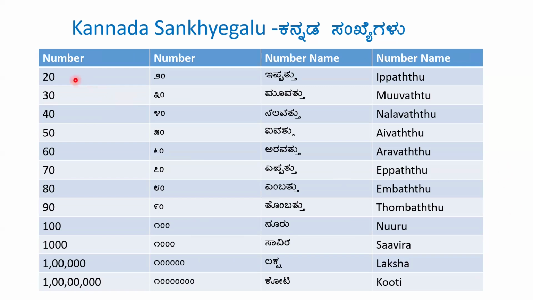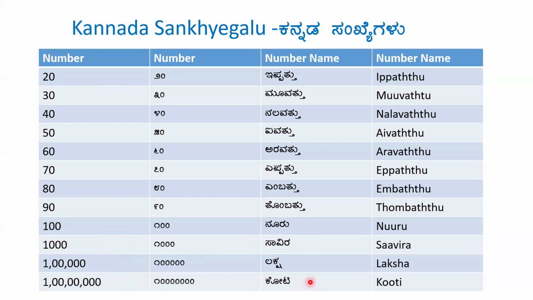For example, 20 is ಇಪ್ಪತ್ತು. 30 is ಮೂವತ್ತು. 40 is Nalavattu. 50 is Aivattu. 60 is Aravattu. 70 is Yappattu. 80 is Yambattu. 90 Tombattu. 100 Nuru. 1000 Savira. Lakh Laksha.